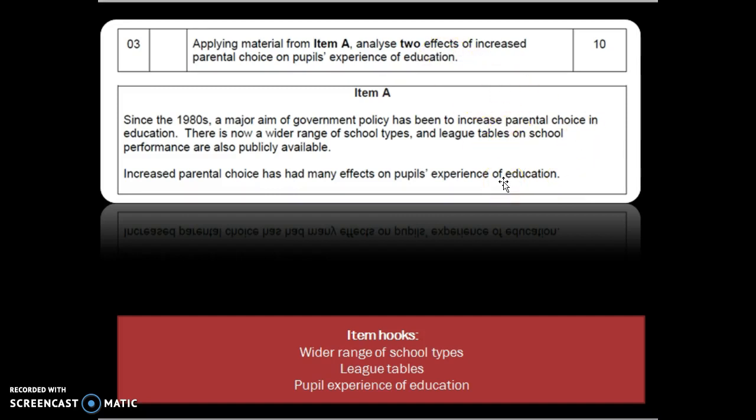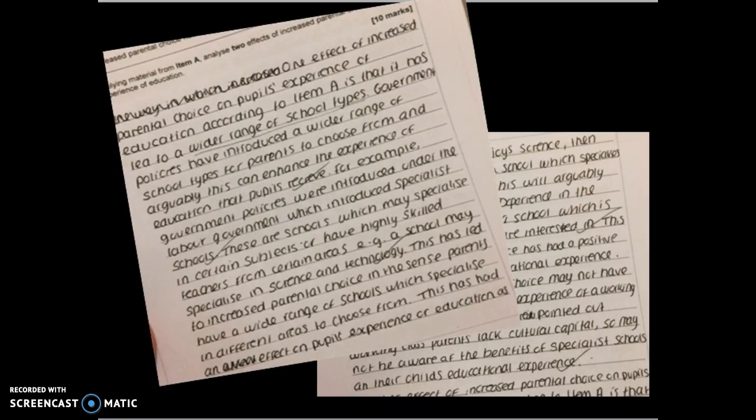So you can see why the examiner in the examiner commentary highlighted the point that some pupils failed to do that. So let's have a look at a possible student paragraph where you can see how the student has linked it to the different parts of the question. Okay, so this was one of my students that I've got permission to use her answers.